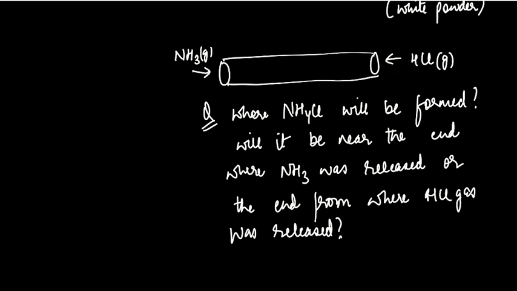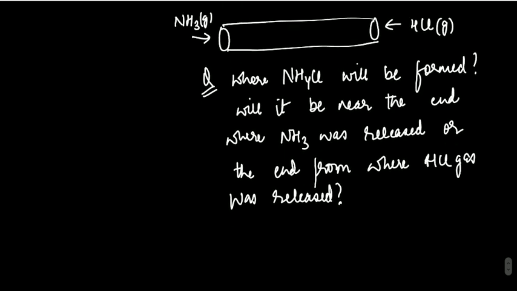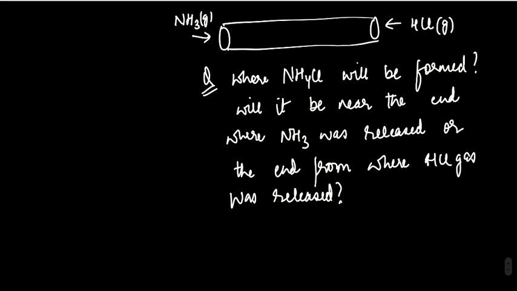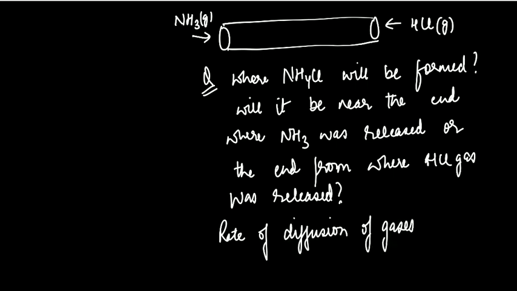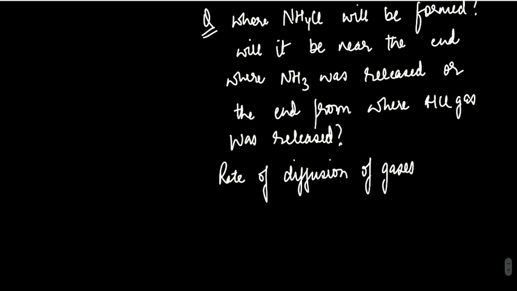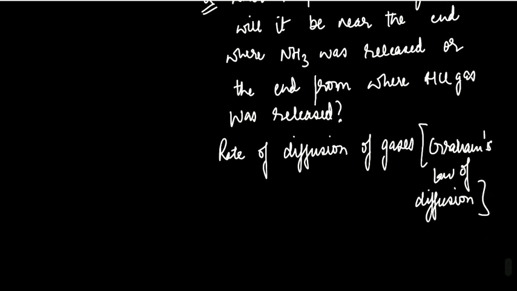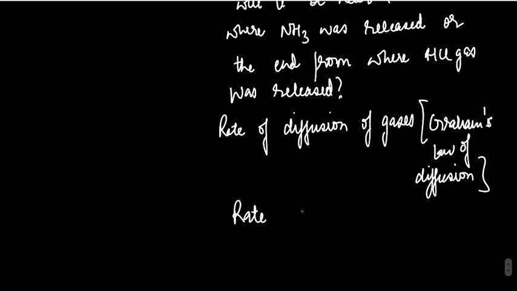Now in this case, we need to understand the concept of rate of diffusion of gases. This was given by a very famous scientist, and we call it Graham's law of diffusion. He said the rate of diffusion of any gas is inversely proportional to the square root of its molecular mass.